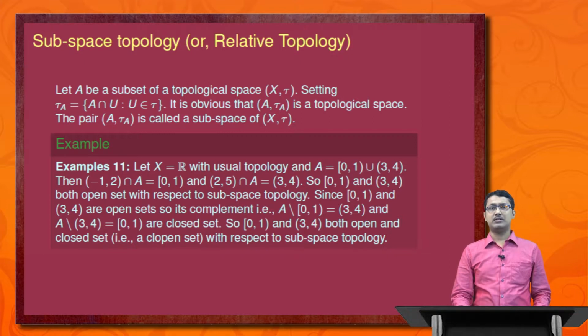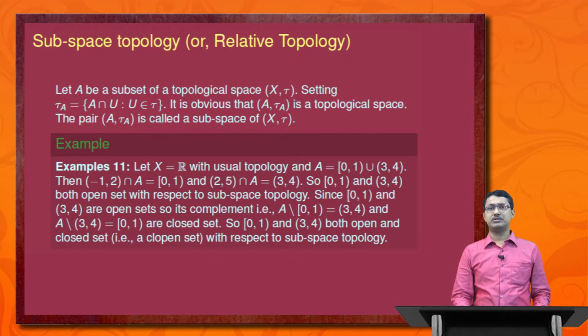Why is it open? Because the open interval (-1, 2) is an open set in the usual topology, and similarly the open interval (2, 5) is an open set, and that intersected with A is equal to the open set (3, 4). So [0, 1) and the open interval (3, 4) are both open sets in A with respect to the subspace topology.